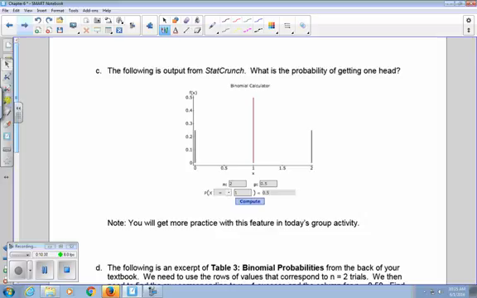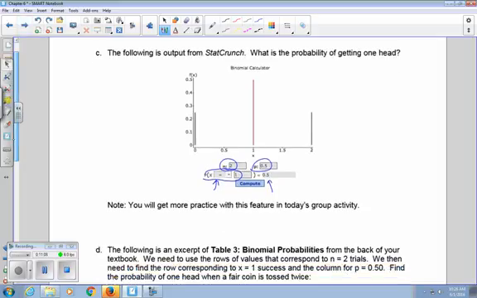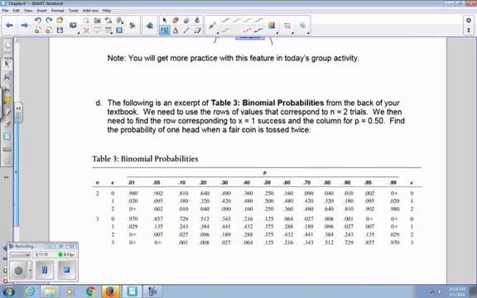So using the binomial calculator, as I just showed a minute ago in StatCrunch, you would plug in n equals 2, p equals 0.5, and then you're interested in, this is an equal sign, that x is equal to 1, and the answer comes out right here, 0.5. It also creates the probability distribution graph. So we'll get some practice with this in our group activity.